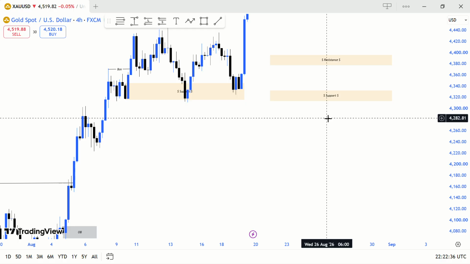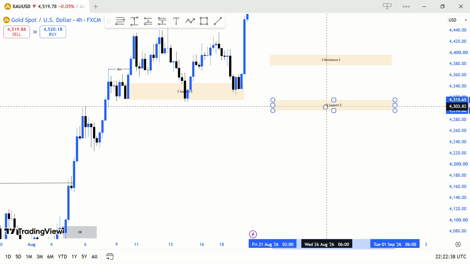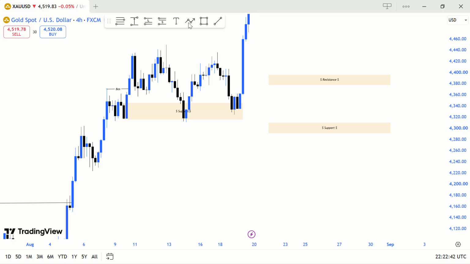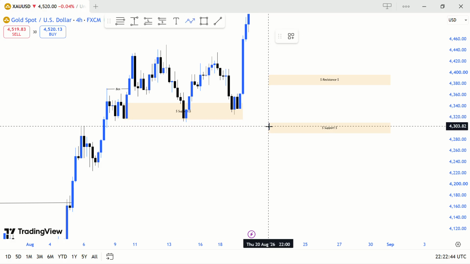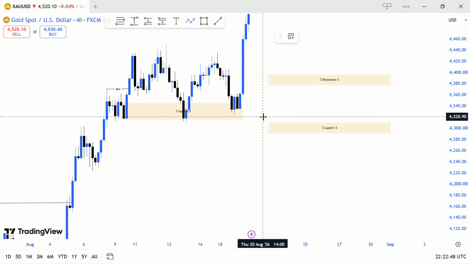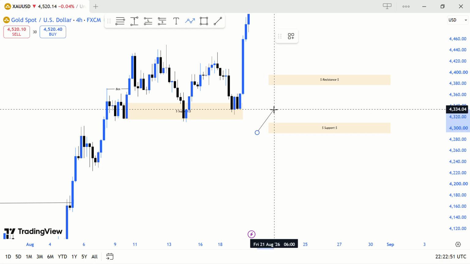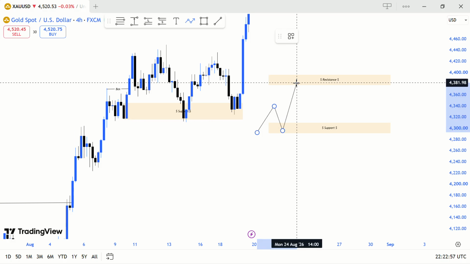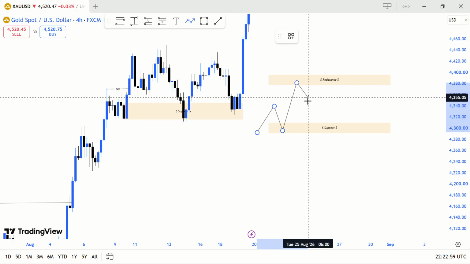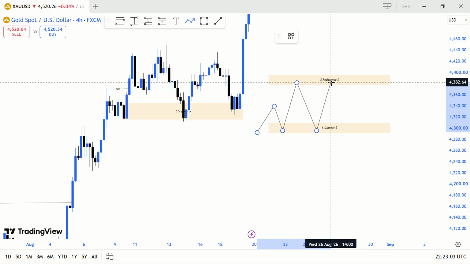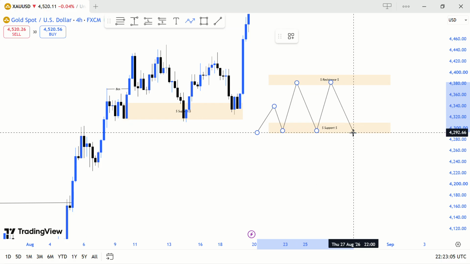Whenever the market, for instance, coming down here gives a touch for the support, and then it comes up here, another touch, and a touch, touch.